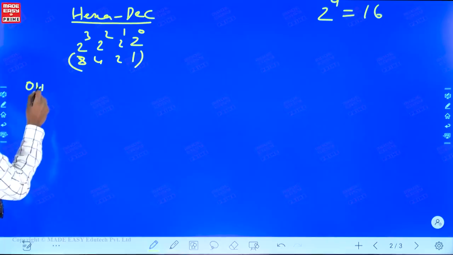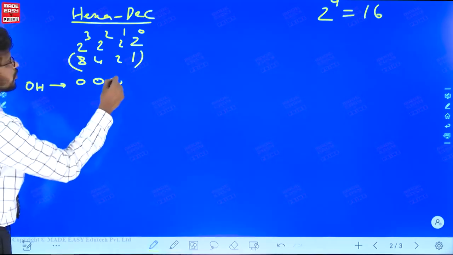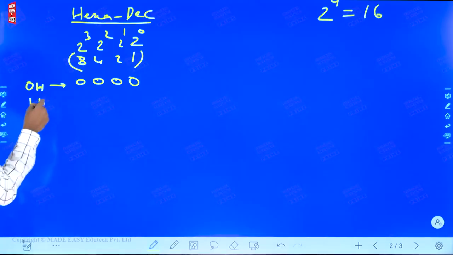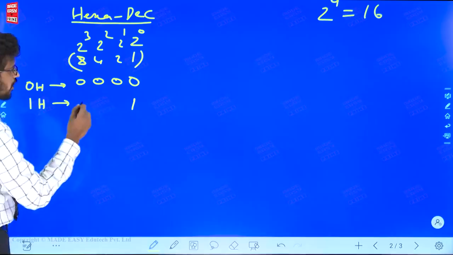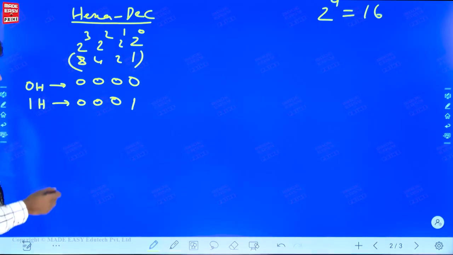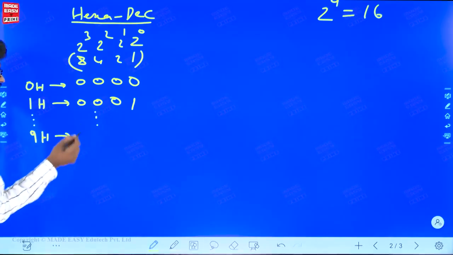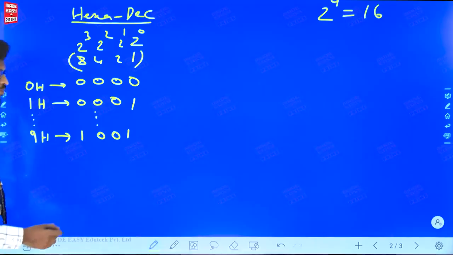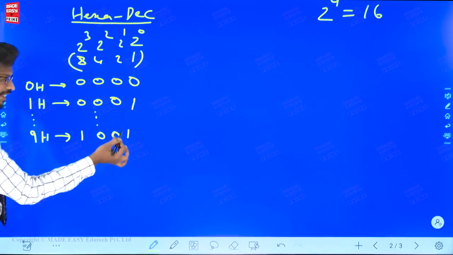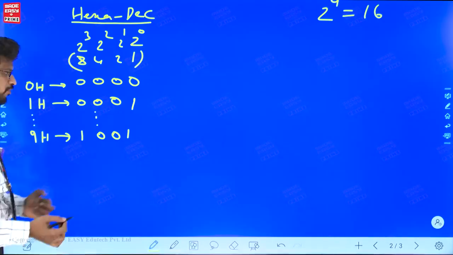How do you write 0H in binary? The weight is simply 0, all zeros: 0, 0, 0, 0. 1H is simply a 1 in the first position and all zeros elsewhere. And so on. How do you write 9? 9 is simply 8 plus 1, so we write 1, 0, 0, 1, because the binary digit and its weight must be multiplied to get the magnitude. Therefore, we write like this.